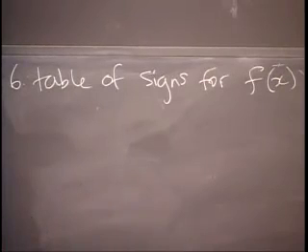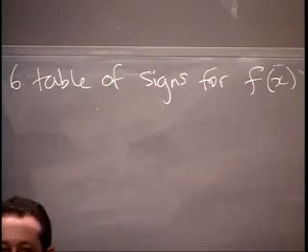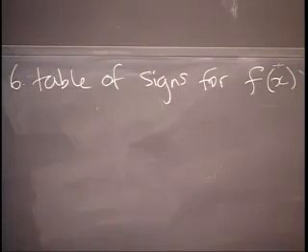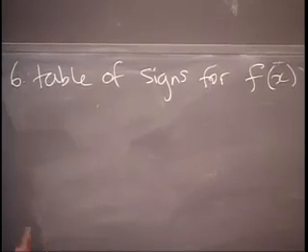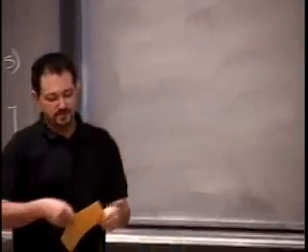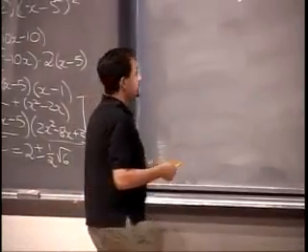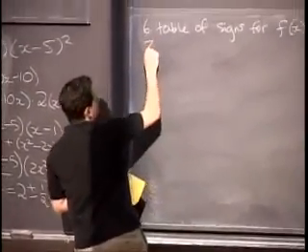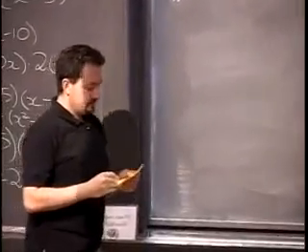The thing is, though, you need to know where the function is discontinuous and where its x-intercepts are, and that's provided by steps 3 and 5. 3 was the x-intercepts, and 4 is the domain. You can see where it's not defined, and 5 the vertical asymptotes, or even the removable discontinuities. These sort of tell you what values to drop into your table of signs.